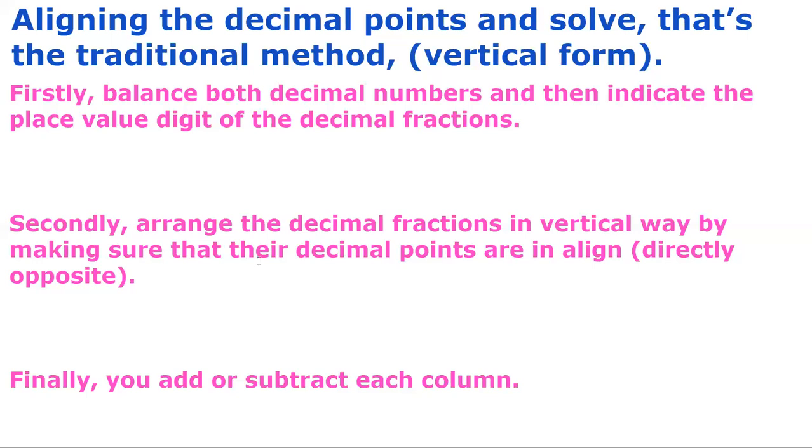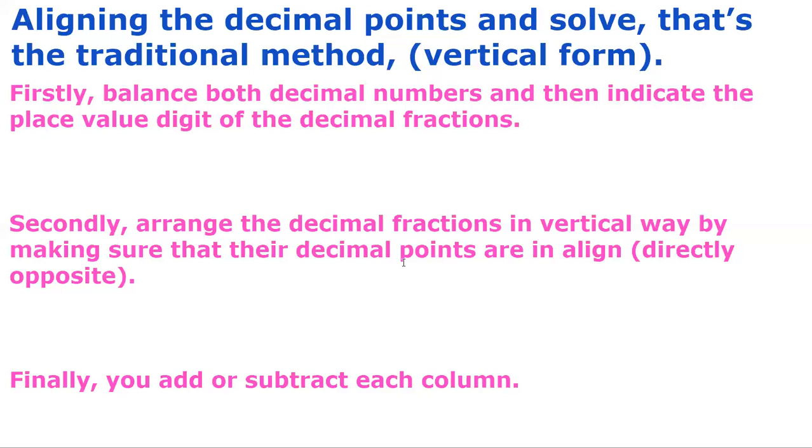Okay, good. Then finally you add or subtract each column. After arranging them in a vertical form, you indicate the place value at the top. And remember, the place value of the decimal numbers starts from the left side with what?